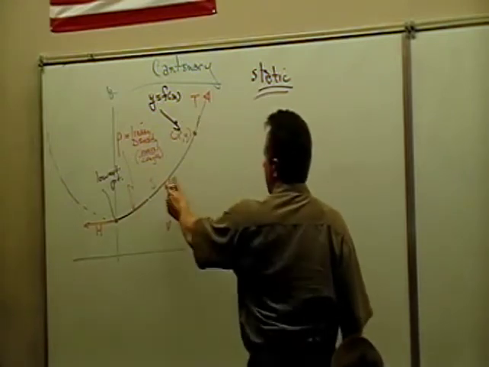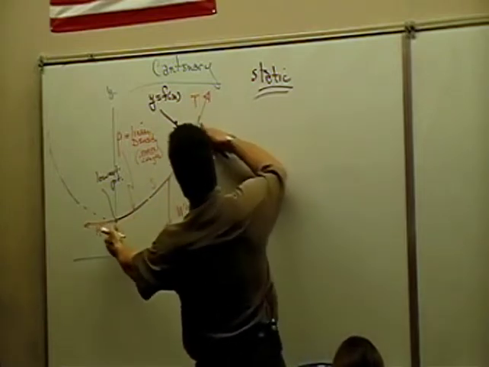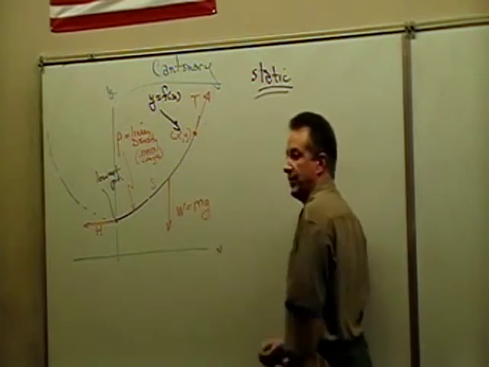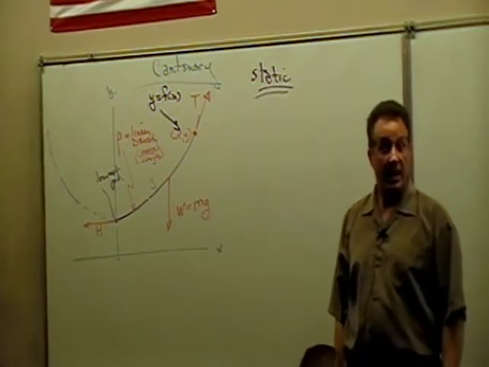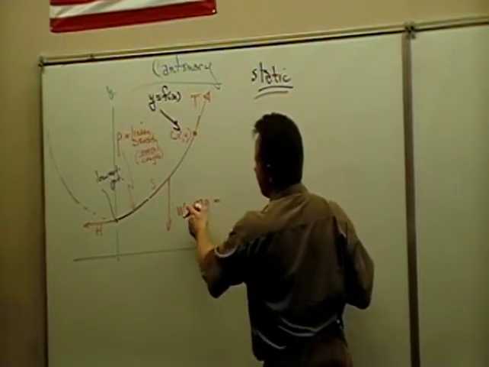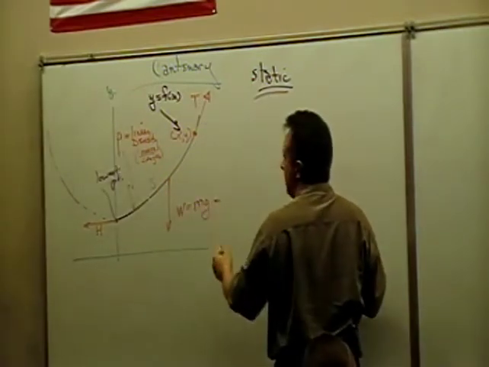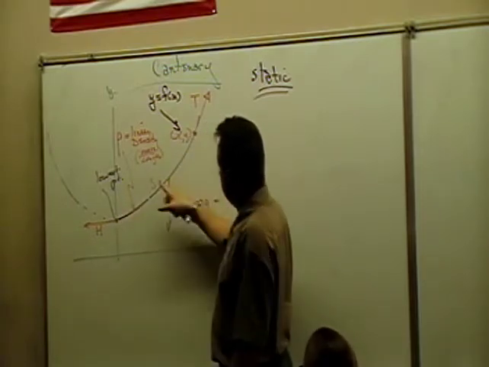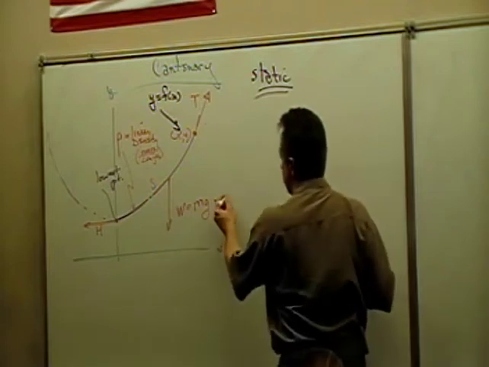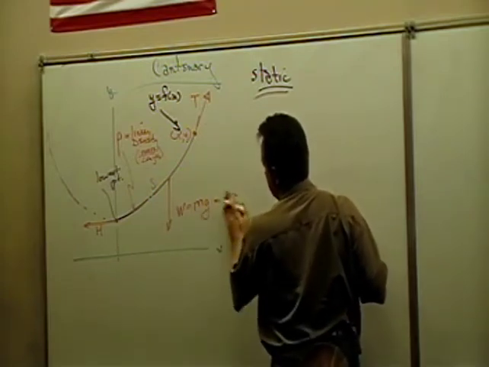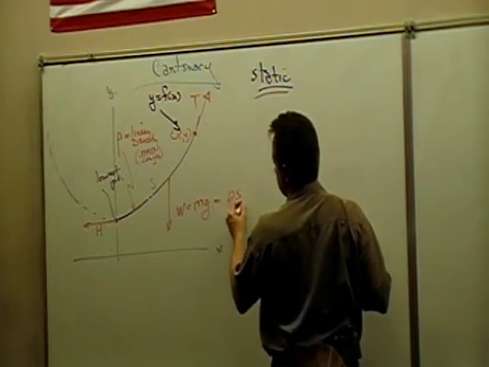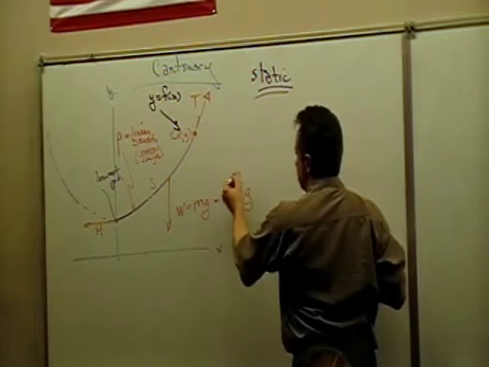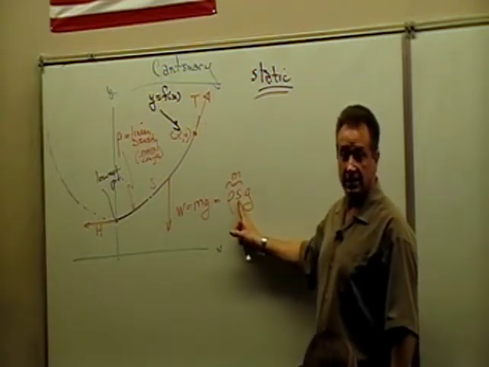If I wanted to get an expression for the weight of this section of cable, wouldn't it just be the mass times the acceleration due to gravity? Right, that's the weight. And I can write this mass in terms of its linear density times the length. And what's the length of this section? s. So wouldn't this just be rho times s times g? Rho s is the mass. That's your density times the length gives you the mass, right?